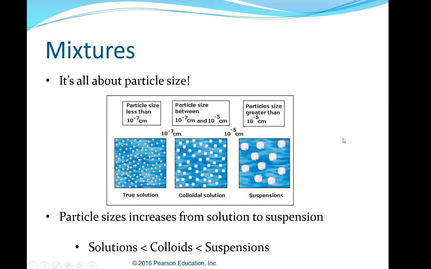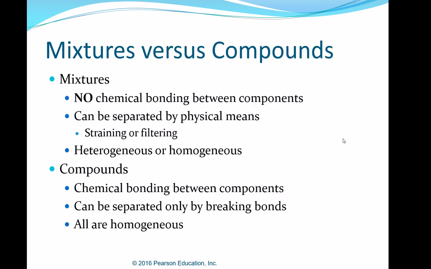And that's really the difference between those three mixtures, which can be a little confusing for some students. Now, if we were to look at mixtures versus compounds, compounds require chemical bonding. So we're actually putting things together chemically. And if we wanted to separate them, we'd have to break those chemical bonds. So all compounds are homogeneous.